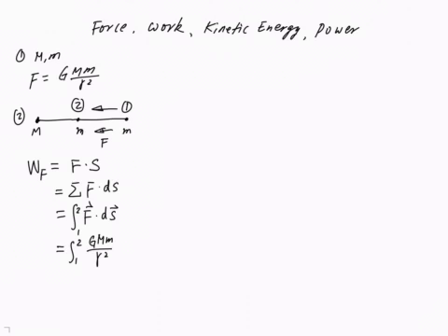And what is ds? ds is the displacement along the direction of force, but that would be different from our coordinate r. r starts from the zero point, which is located right at the big M there. So in this particular case, we can integrate this as G m M over r.